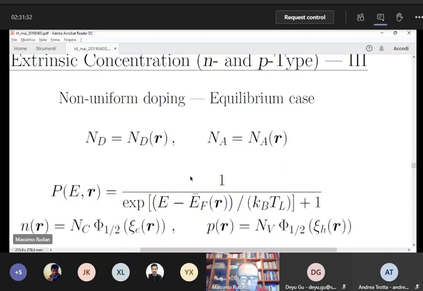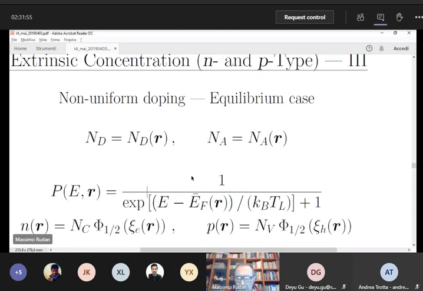okay? Of course, we don't know the function EF bar. It's like in the old case, we have a Fermi level, but we don't know it, we must calculate it, okay? Similarly, we have this function EF bar, but we don't know it. We shall be able to calculate this function later, okay?